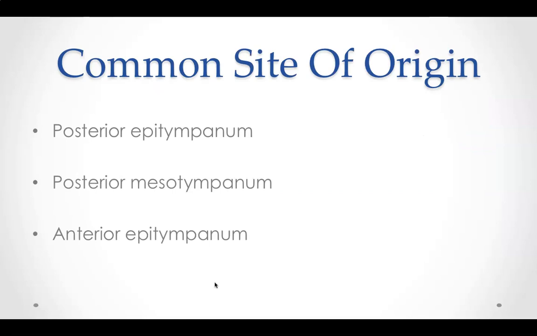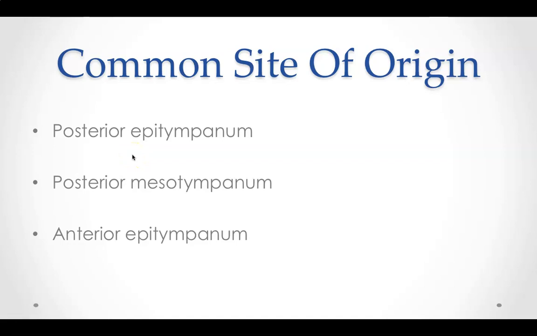Now, the common site of origin of cholesteatoma. First, you just have to remember that the most common site is the posterior epitympanum. Other than that, we have the posterior mesotympanum and then the anterior epitympanum. But the most common site is the posterior epitympanum.